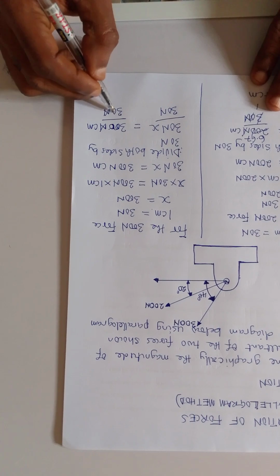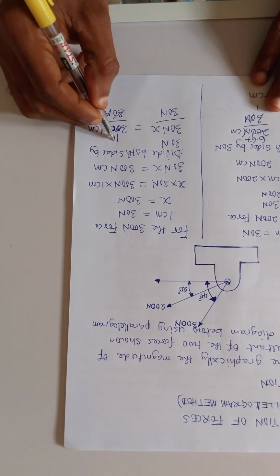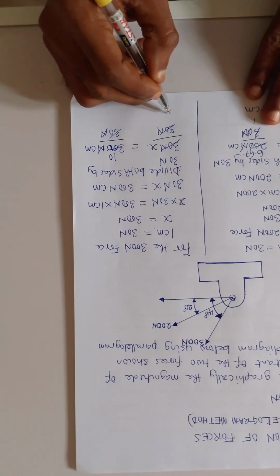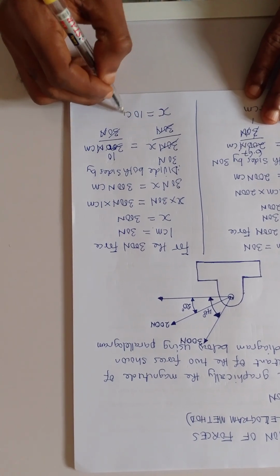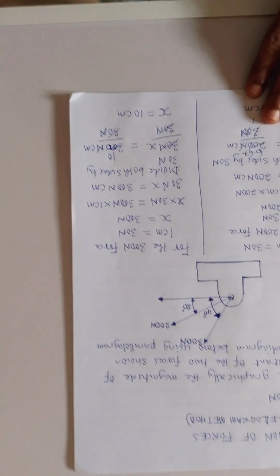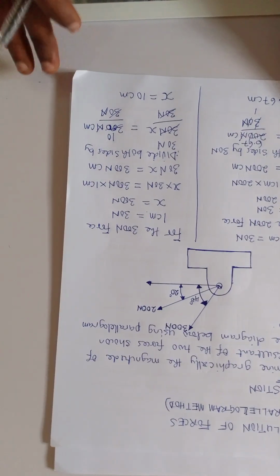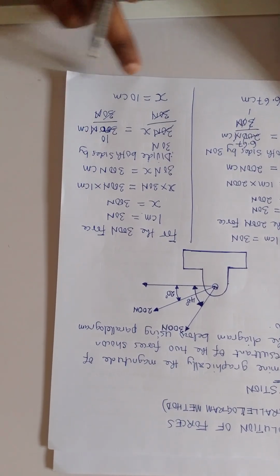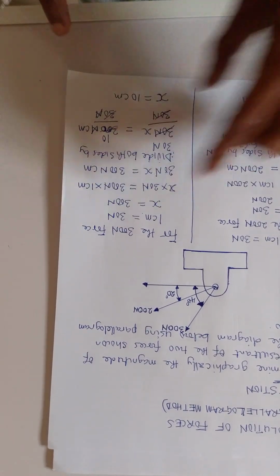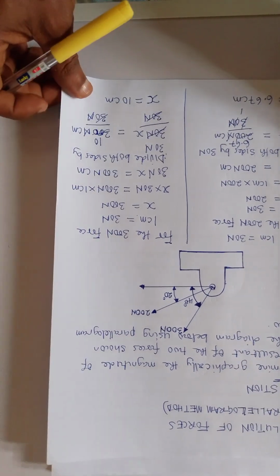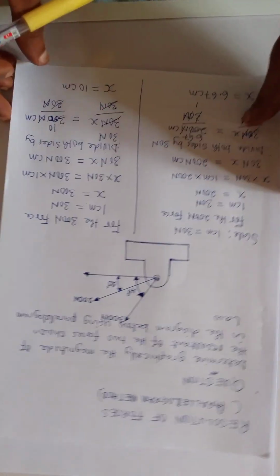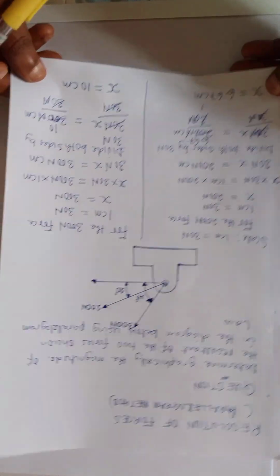This will go, this will give us 10, and this will go, so our x will be equal to 10 cm. So what this implies is that the 300 Newton force will be represented using 10 cm on the ruler. So having done this, we can now go further to plot our graph.